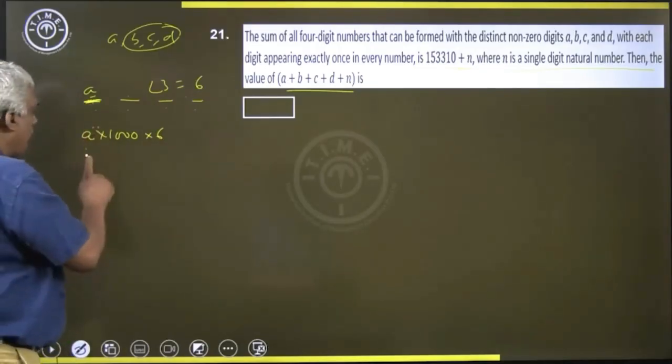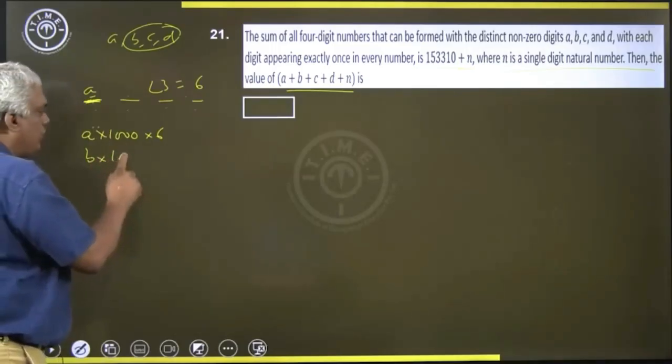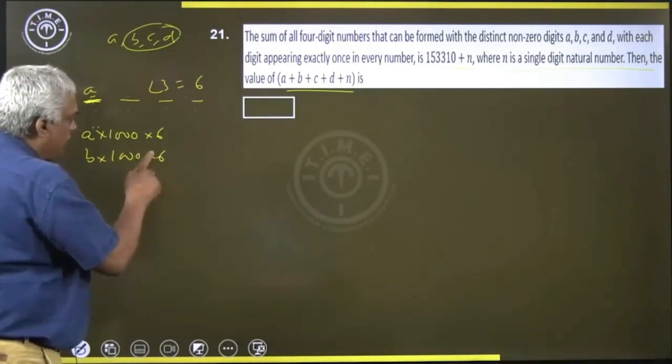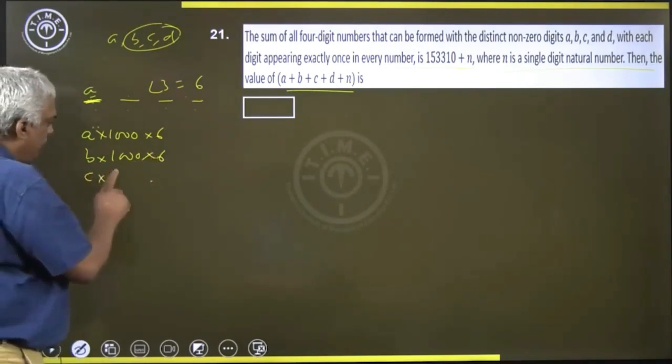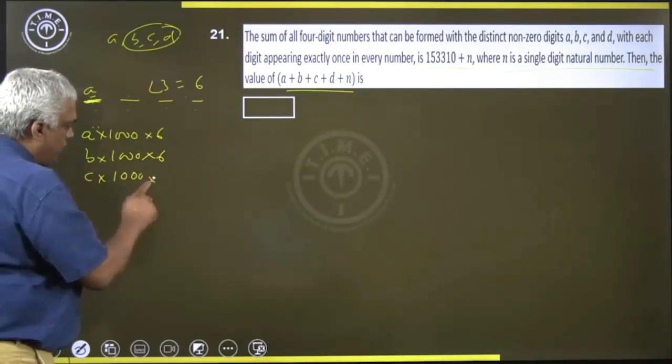Similarly, B will also appear 6 times here, so B into 1000 will come 6 times. Similarly, C will also appear here 6 times, so C into 1000 will happen 6 times.